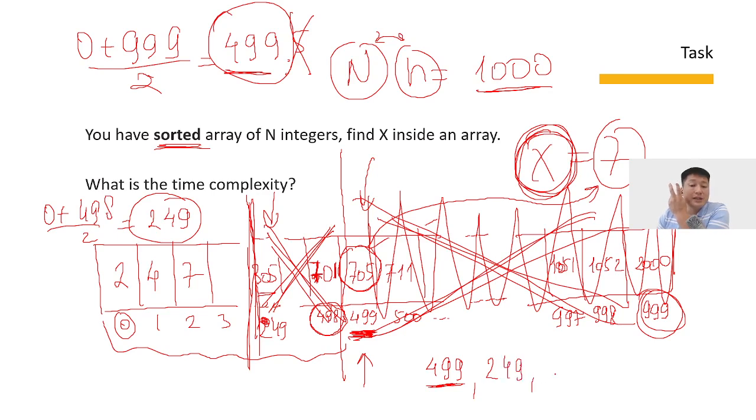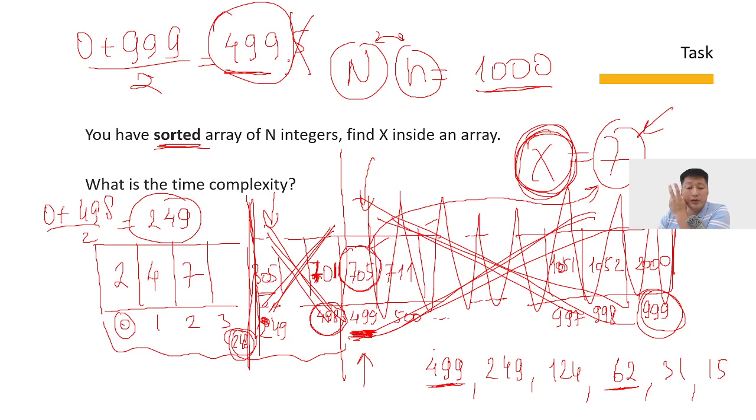Then what is the middle of 0 and 248? 248 plus 0 divided by 2 is 124, so we compare with the number at index 124. Our x will be smaller because it's just 7. So we take the middle again: index 62, then index 31, then, I don't know, 15.